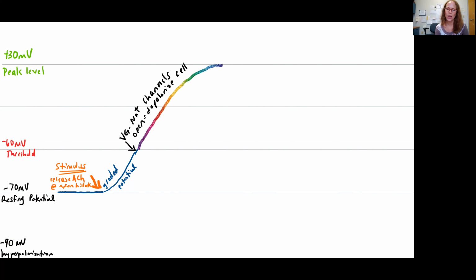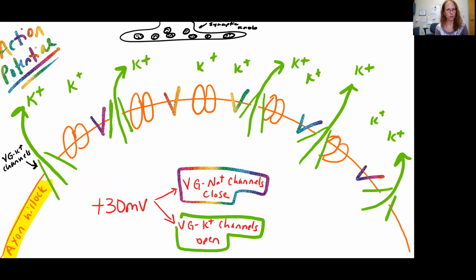At threshold, we get our voltage-gated sodium channels opening, and we are depolarizing the cell to our peak of 30 millivolts. And again, this is as positive as the cell can get, because at 30, those voltage-gated sodium channels close.